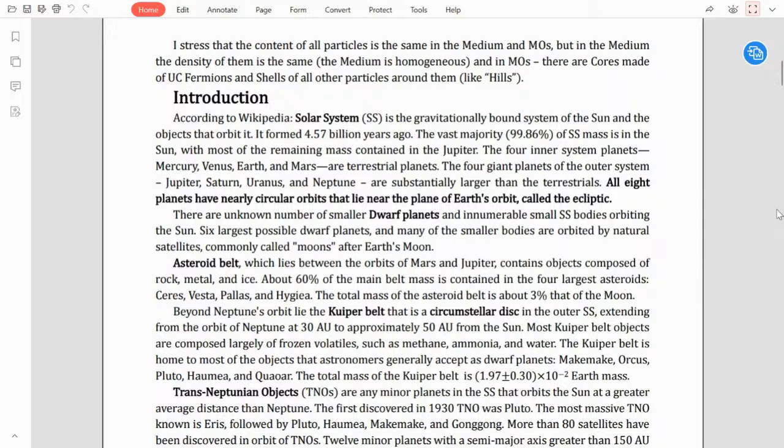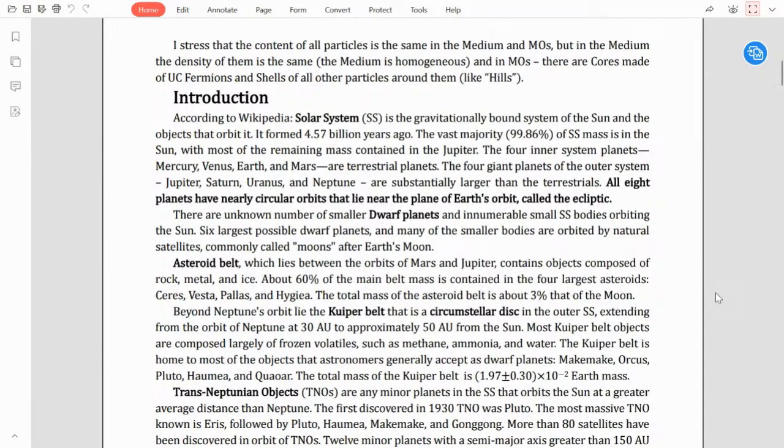Beyond Neptune's orbit lies the Kuiper belt, a circumstellar disk in the outer solar system, extending from the orbit of Neptune at 30 astronomical units to approximately 50 astronomical units from the Sun.